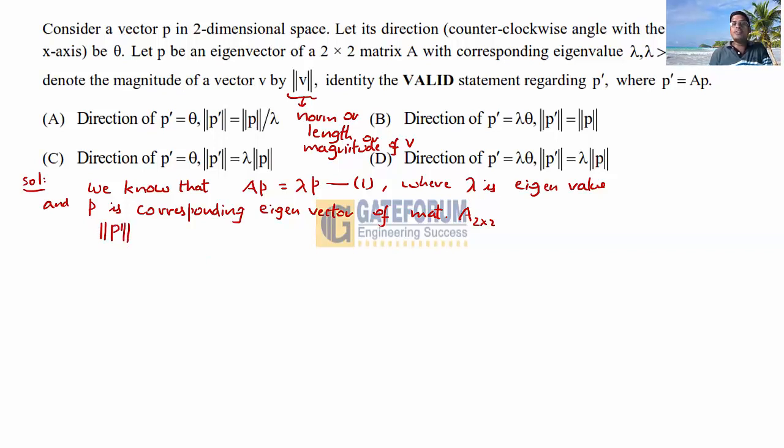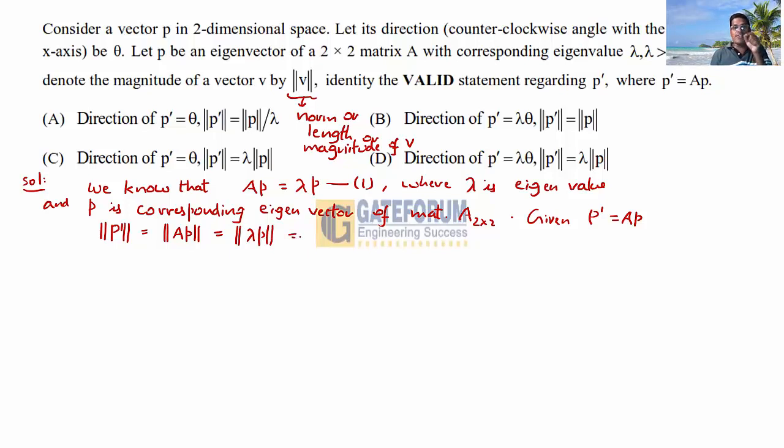So P dash is equal to matrix A into eigenvector, so the magnitude of P dash is the magnitude of A into small p. This can be written as the magnitude of lambda into P; lambda is a constant, P is a vector.